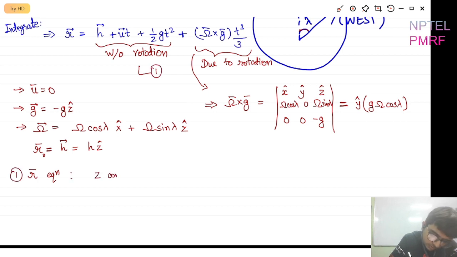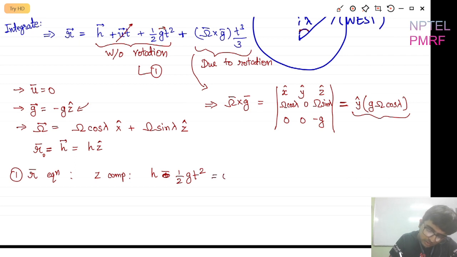The z component is h, and then plus ut, again u is 0, so this term goes away, and plus, actually minus half g t squared, because this vector g is minus g z cap, and then due to rotation there is only a y component.